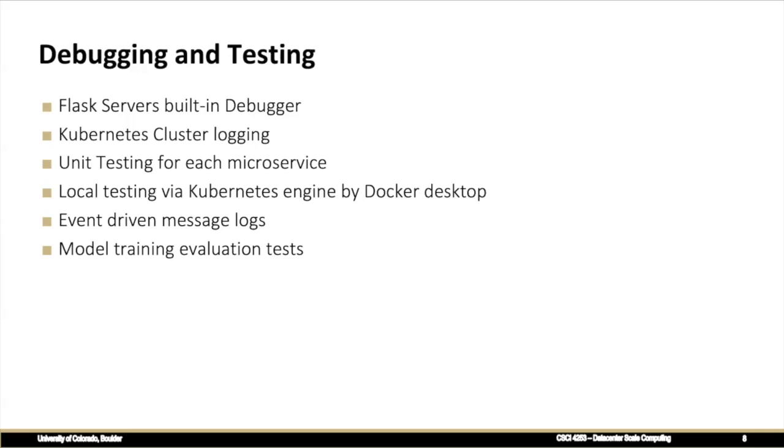In our Flask service, we are running the built-in debugger, and we are using Kubernetes cluster logging. We have also written multiple unit test cases for individual microservices. We also run local testing via Kubernetes engine or by Docker Desktop. Event-driven message loggers have also been implemented. And finally, for our trainer service, we also have model training evaluation tests so that we don't induce bad experiment practices.